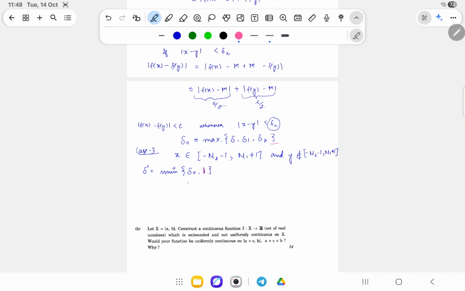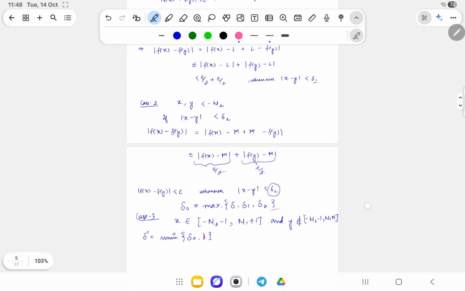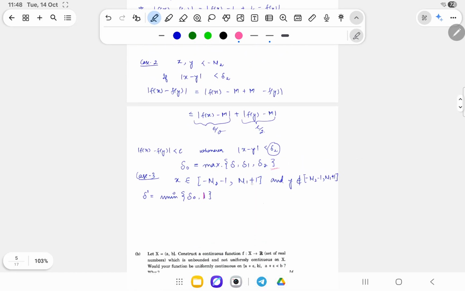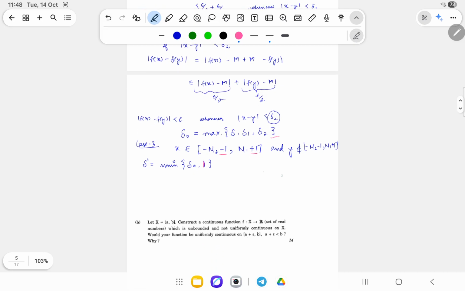And if you see, we have strategically chosen our interval with a buffer of 1 unit, here and here as well. So if we observe it on the real line, and let's say I'm just showing you for this interval, that is 0 comma n1 plus 1.